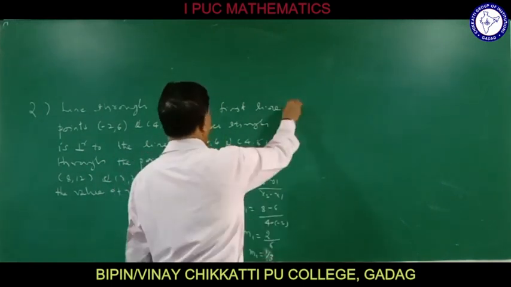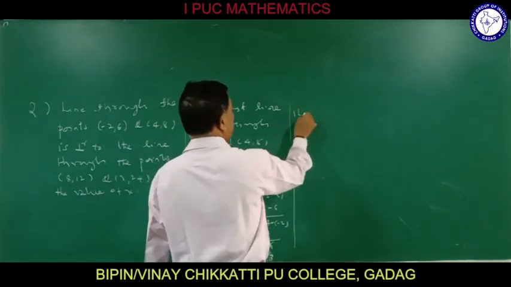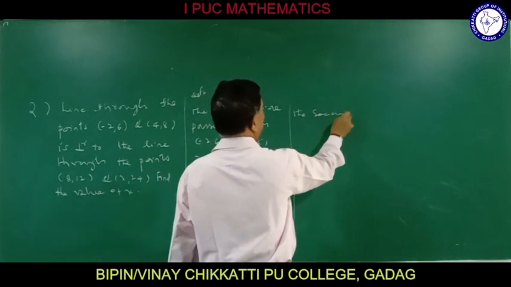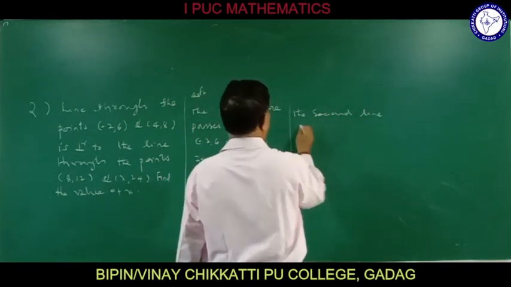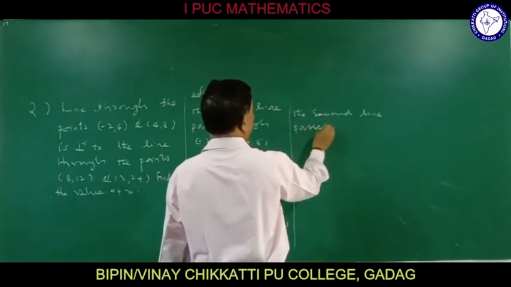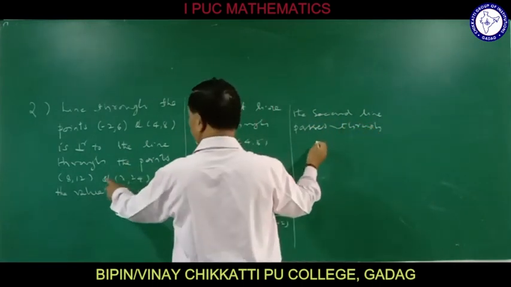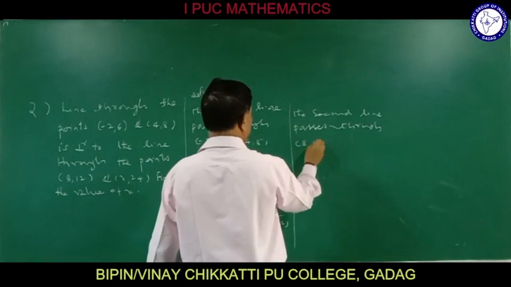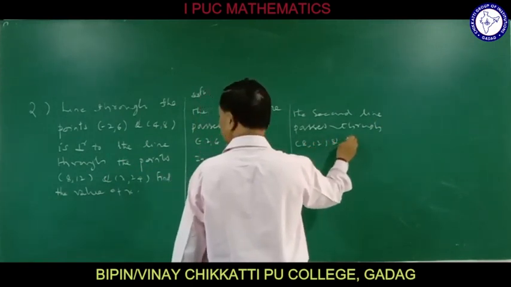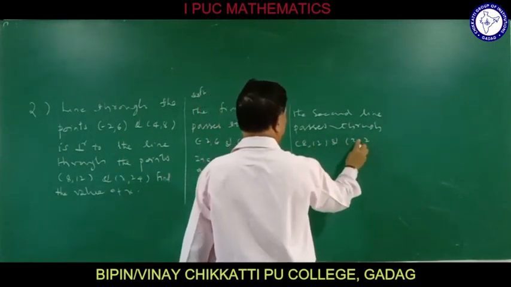Now the second line passes through the points 8, 12 and x, 24.